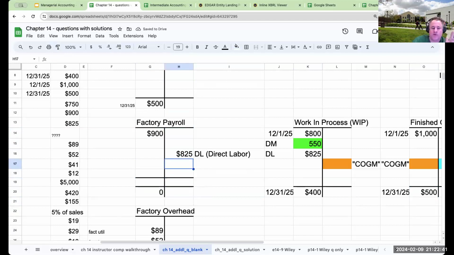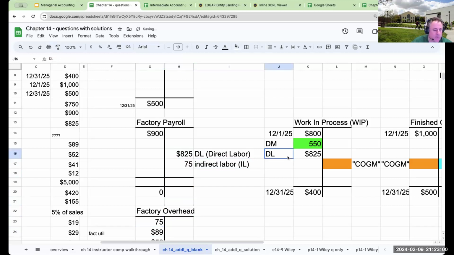No. The difference here, and why I put the question marks over here, is what we call IL, or indirect labor. Now with indirect labor, this is going to travel over here to our factory overhead. It does not go directly into WIP. It's part of factory overhead. Now, you might be saying to me, we only have one work in process account.